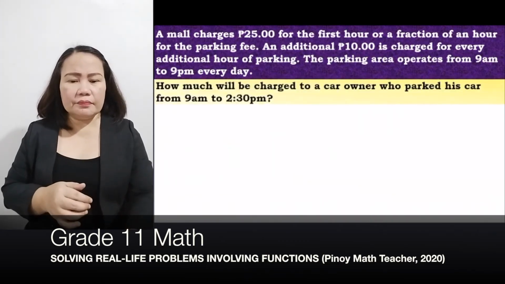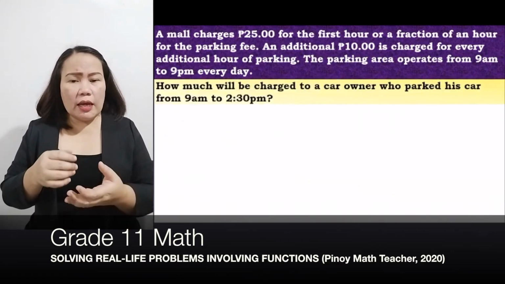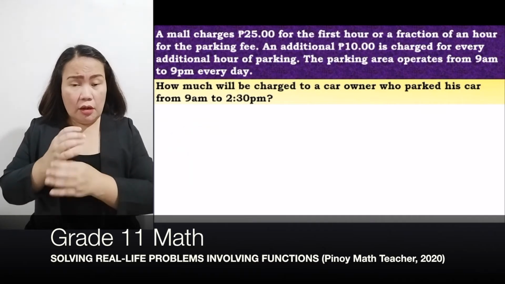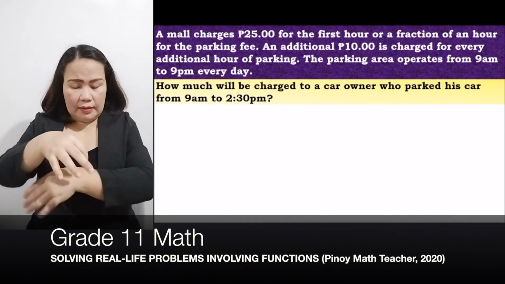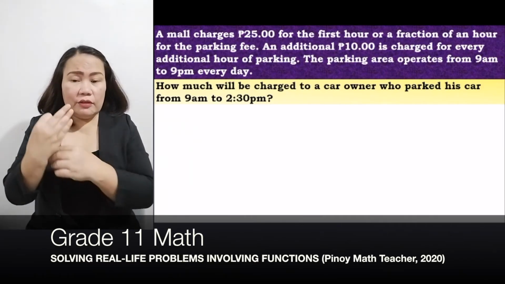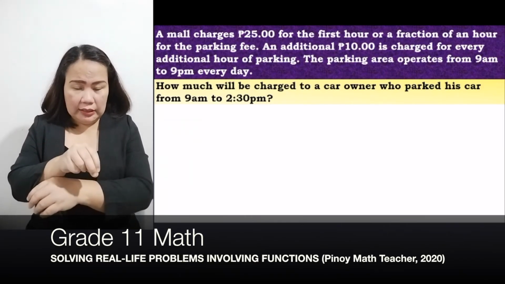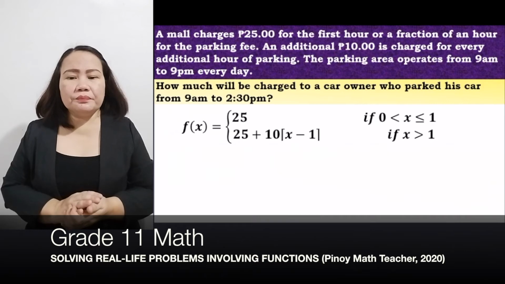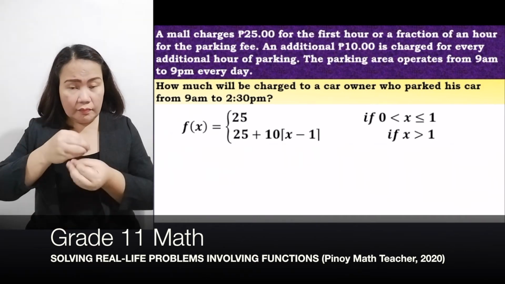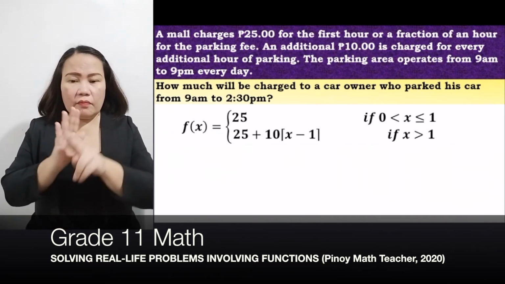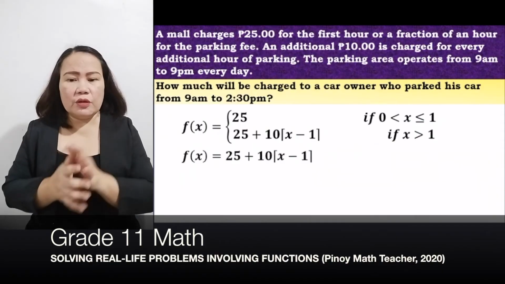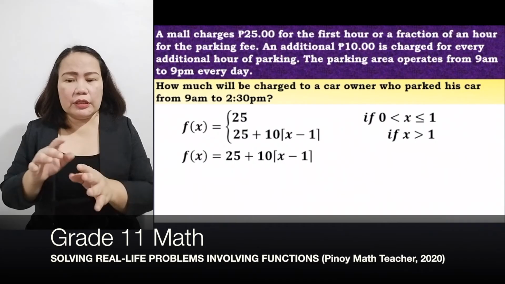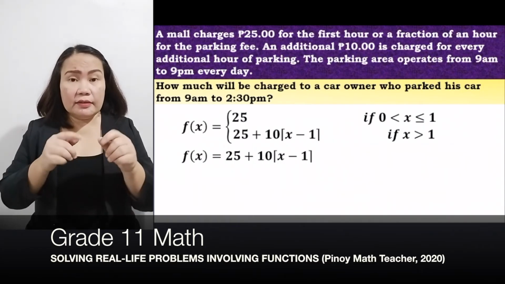How much will be charged to a car owner who parked his car from 9 a.m. to 2:30 p.m.? So from 9 to 2:30, that is 5 hours and 30 minutes, or in decimal, that is 5.5. Ibig sabihin, x equals 5.5 and 5.5 is greater than 1. So ang gagamitin nating function ay f of x equals 25 plus 10 times x minus 1. So replace natin yung x ng 5.5.